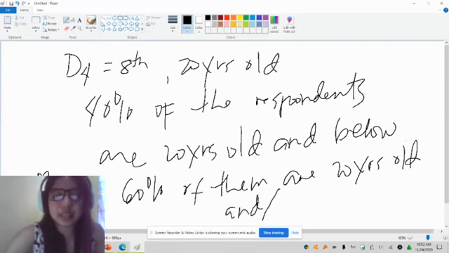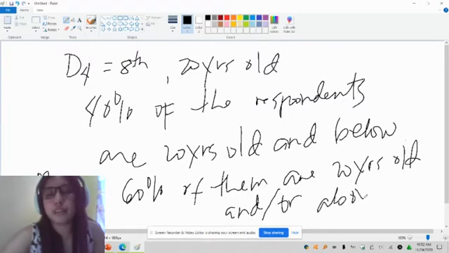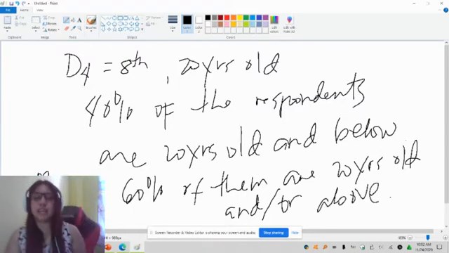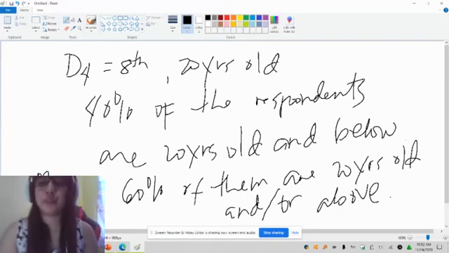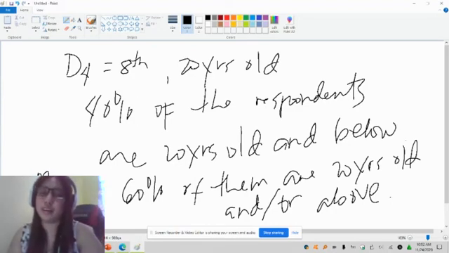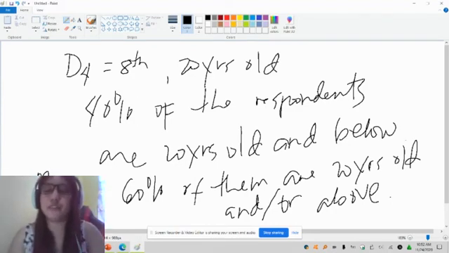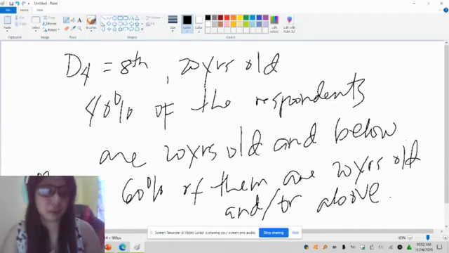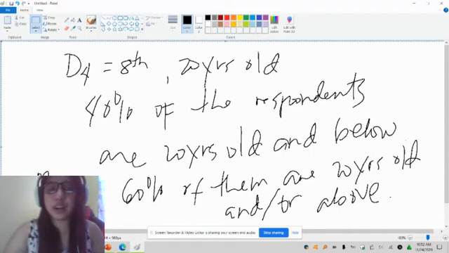So I'll just place a slash here, or above, because I do not have any idea if the ninth data is also 20, or if all the rest are already 20 years old. So 60% of them are 20 years old and or above. Okay, so this is all for the deciles.